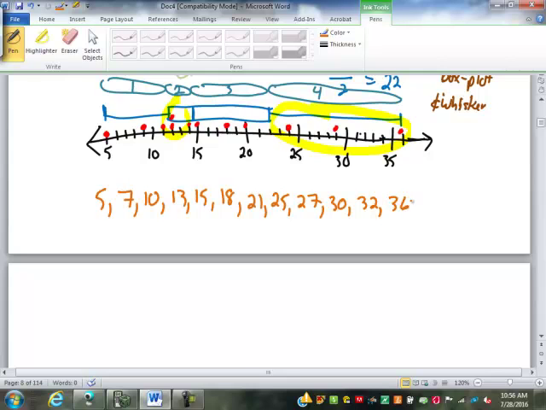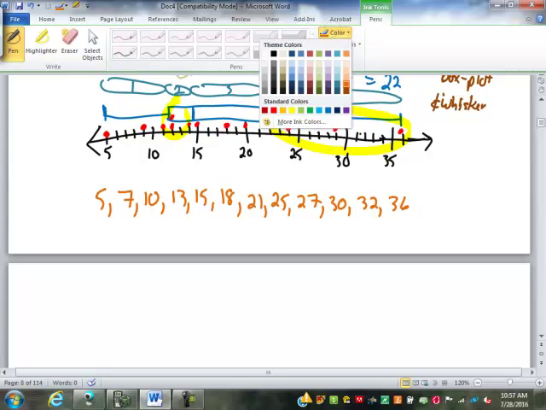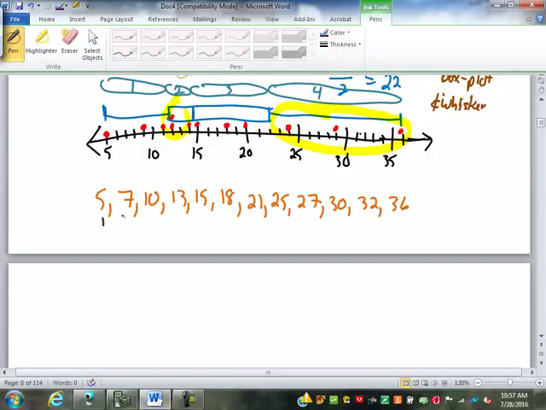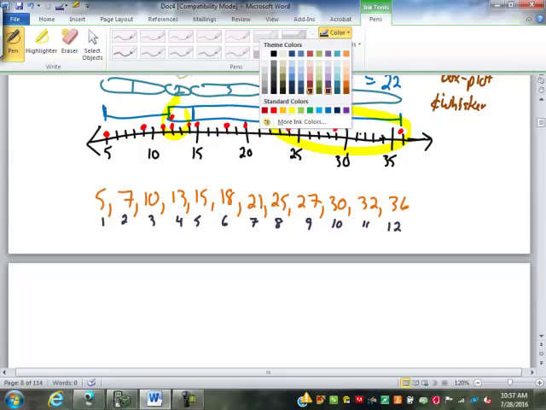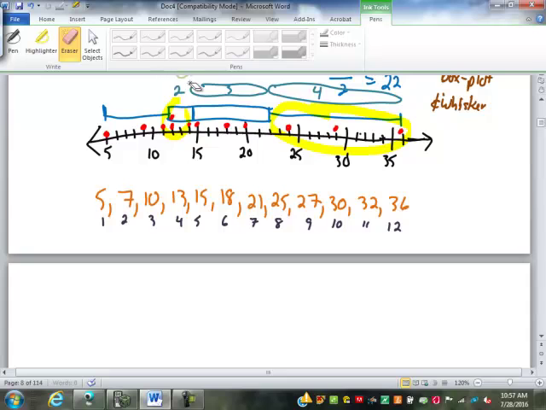We're going to end with the same number, and there are 12 data points in here. As you might guess, the box plot for this data set is going to be different because they're spread out differently. Let's take a look at that.